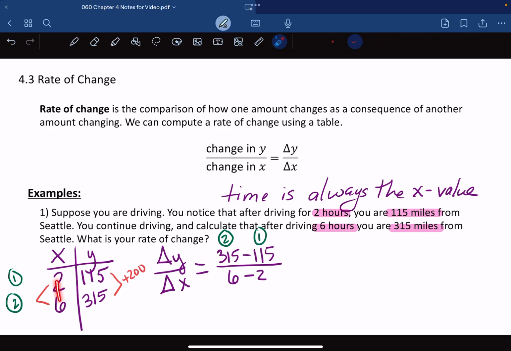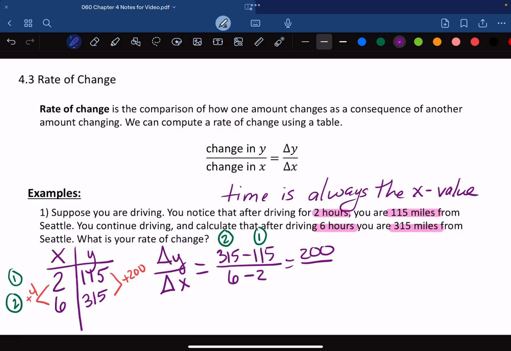And to go from 2 to 6, you have to add 4. That's essentially what's going to happen here: when you subtract these, you're going to get that same information. When I subtract these two numbers, I'm going to get 200, which was my change in y.